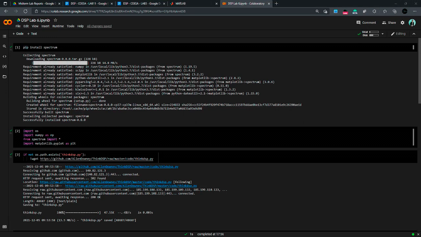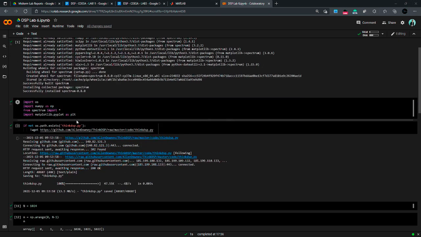For item number 6 of the final requirement for DSP class, we will use Google Colaboratory and the Python programming language to achieve the objectives of the item. First we'll install the pip package for Spectrum, which has the requirements for NumPy, SciPy, Matplotlib, PyParsing, Scikler, Kiwi Solver, and others.